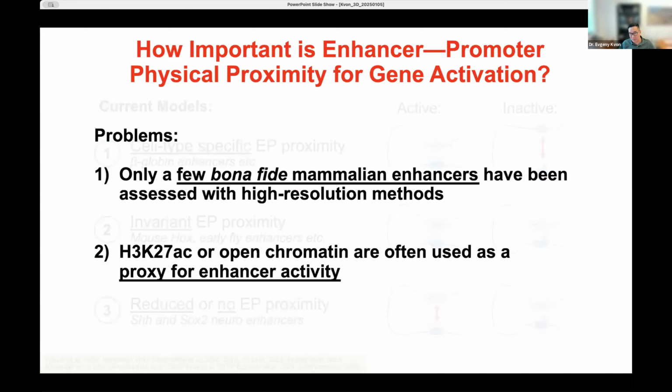The difficulty of deriving a generalized model is that only a few bona fide mammalian enhancers have been studied with high resolution methods to assess the looping. There are a lot of genome-wide studies, but they often use H3K27 acetylation or open chromatin as a proxy for enhancer activity. And a lot of those regions are actually not enhancers; they're only predictive of enhancer activity.